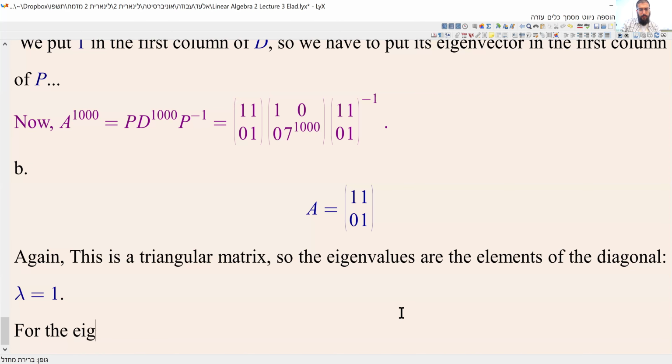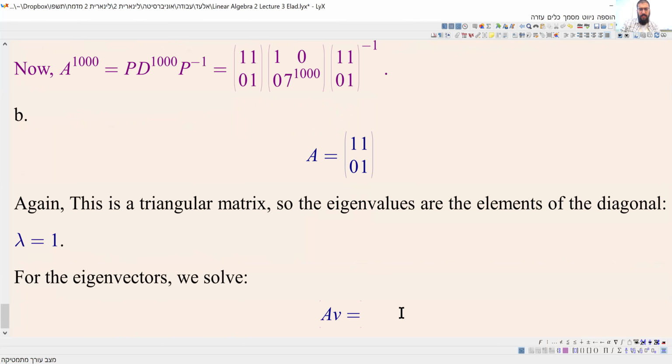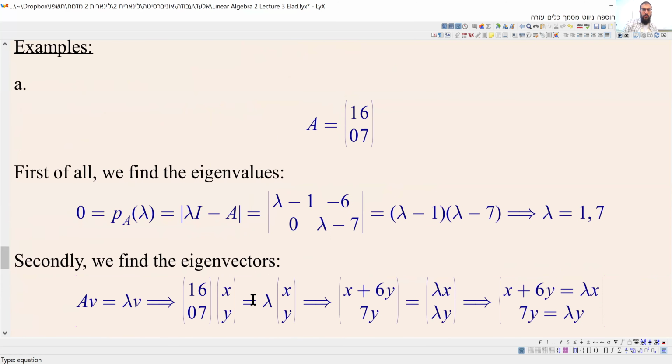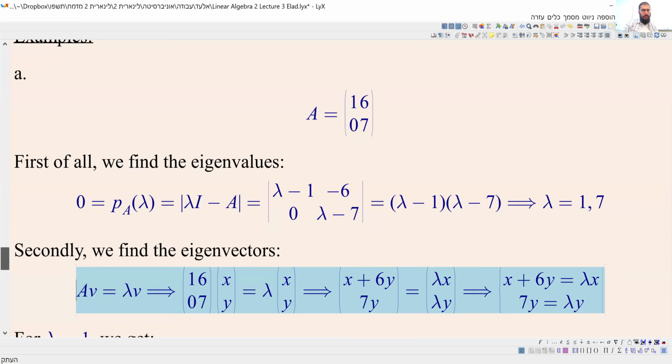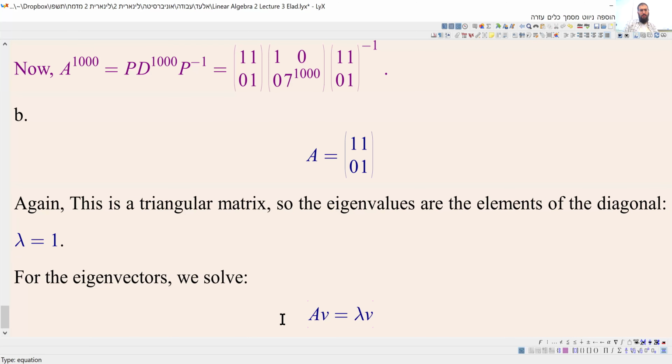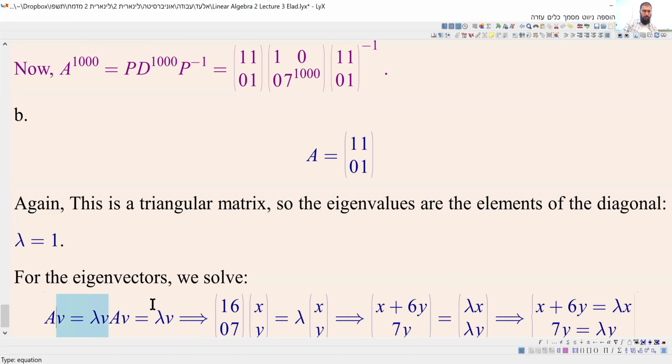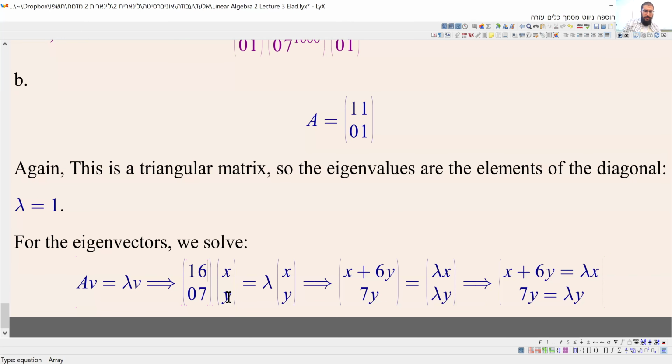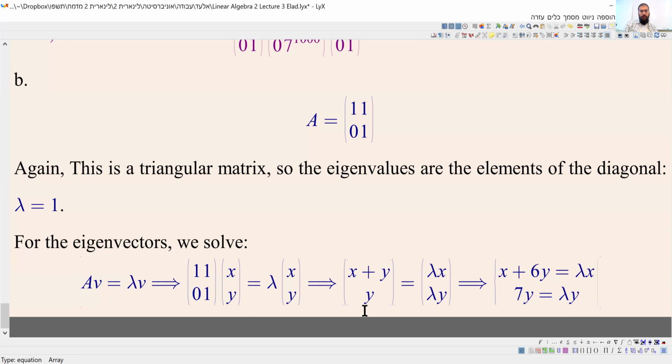For the eigenvectors, we solve AV equals lambda V, which here gives: the first entry is x plus y, and the second is y.